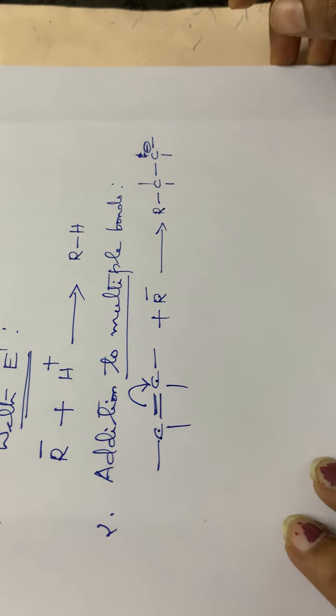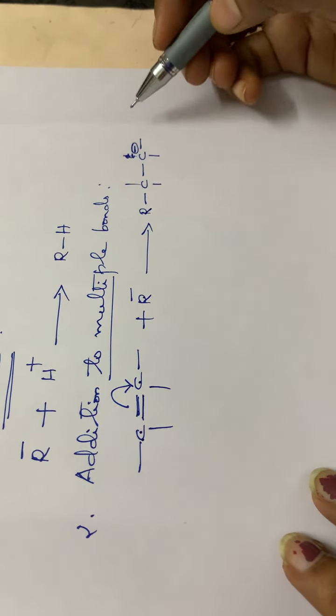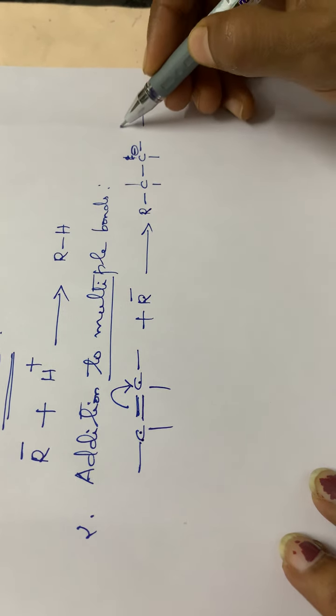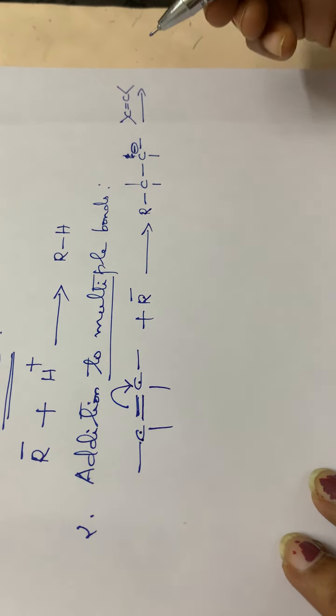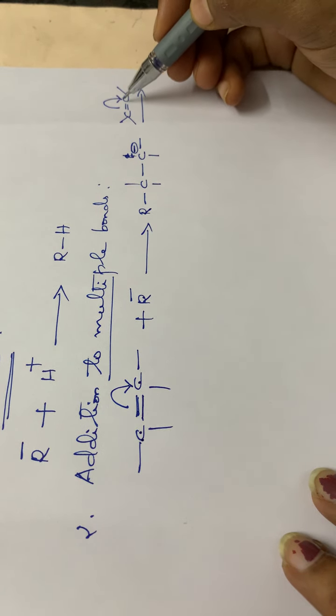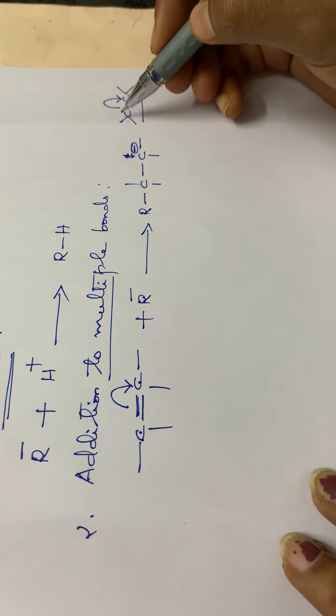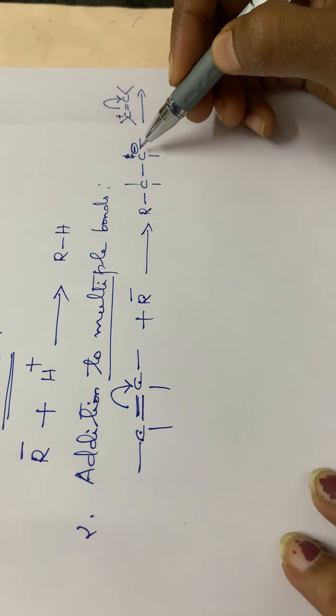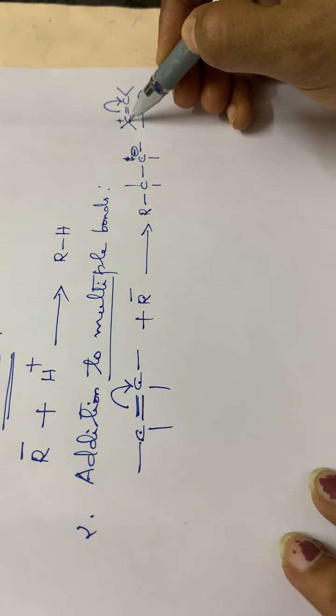Again, if a double bonded compound is added to this species, again this electron pair will shift like this, C minus and C plus, so one of the carbons will get a positive charge. Again the C minus will attack the C plus.